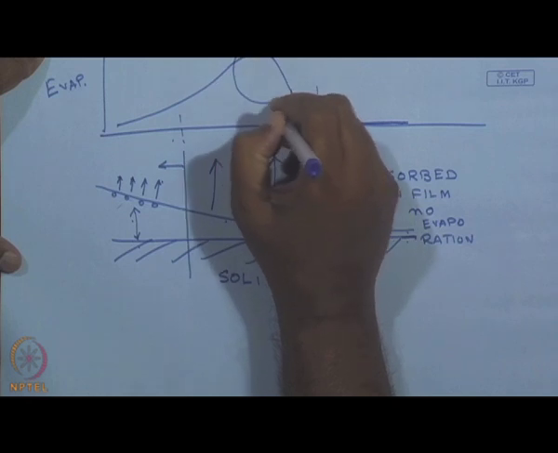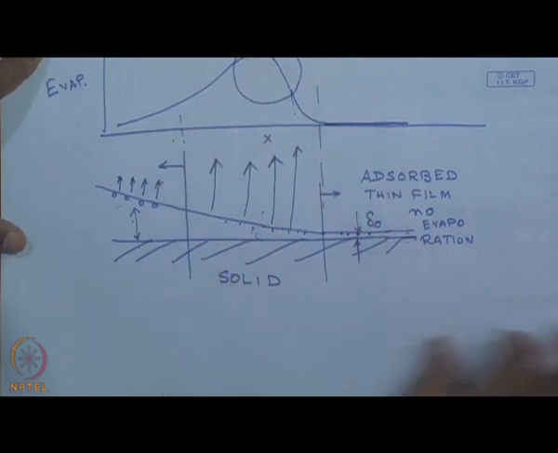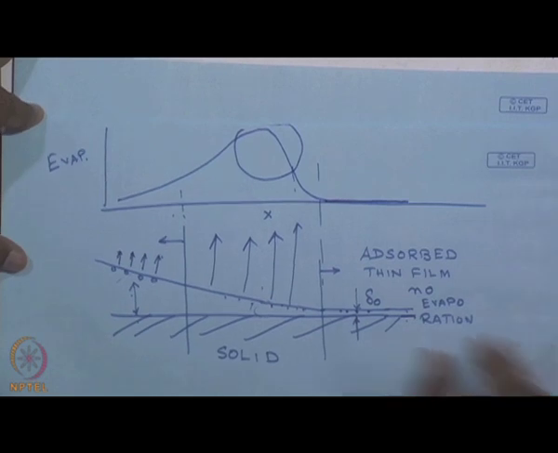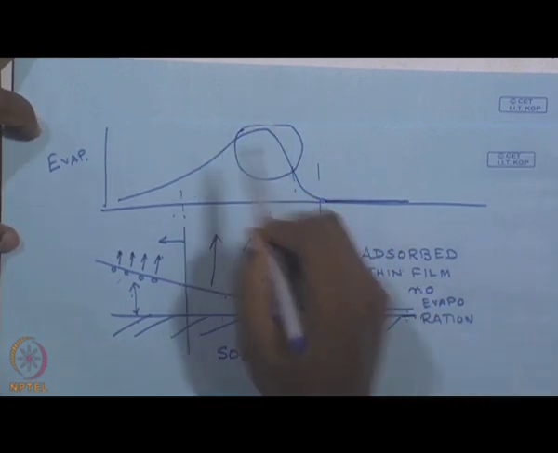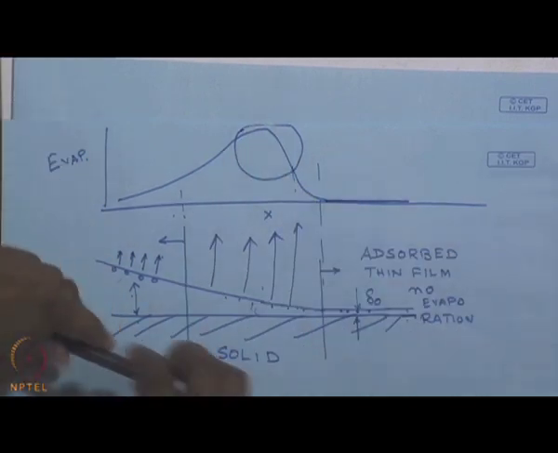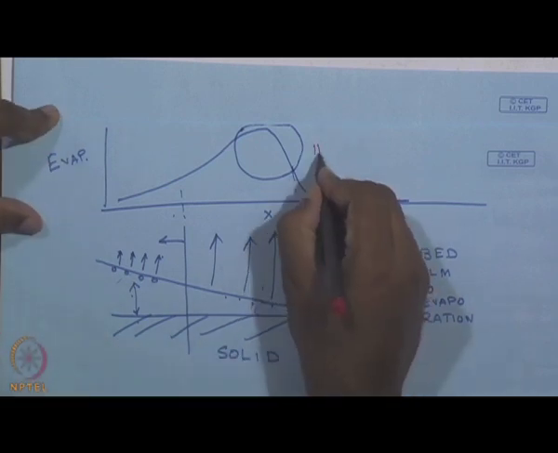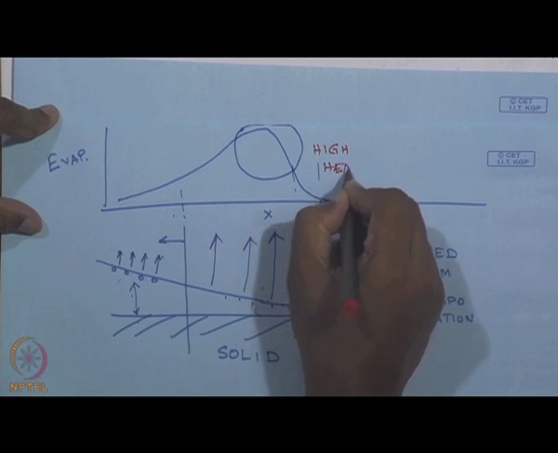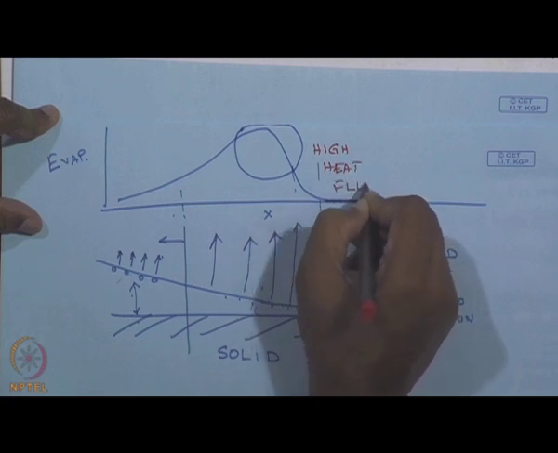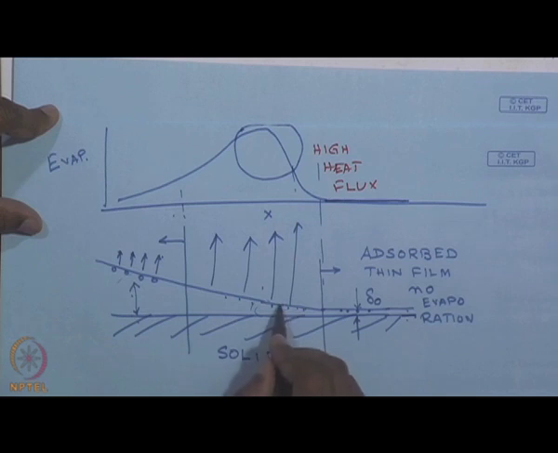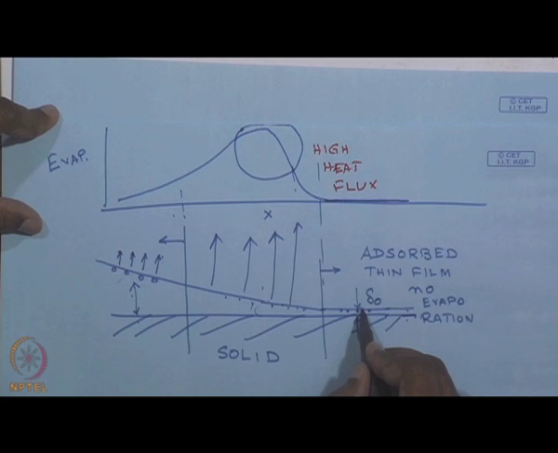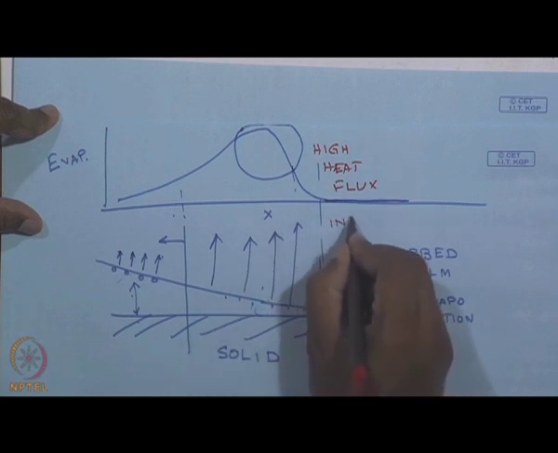This very high heat flux is possible from a region which is quite thin, but not thin enough that evaporation is not allowed. This region is called the interline region.